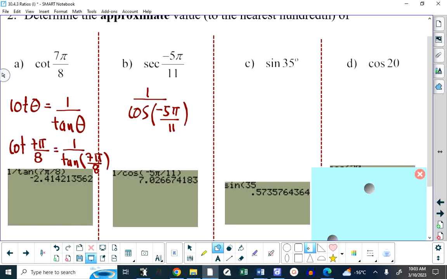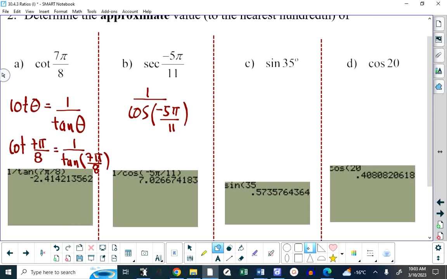Now I want you to calculate cos of 20. And cos of 20, of course, is equal to 0.408.